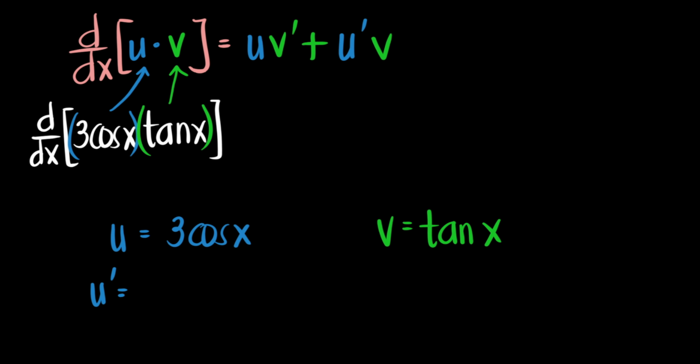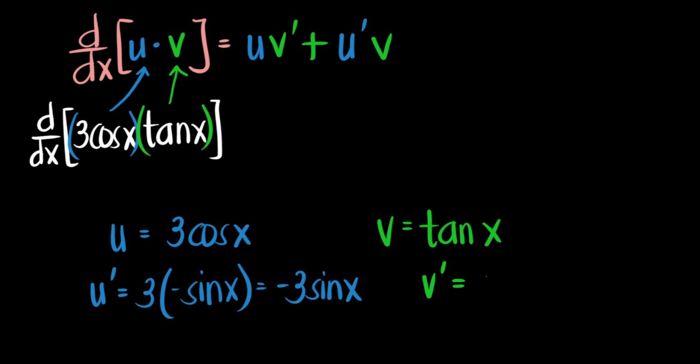U prime is equal to 3 times the derivative of cosine x, which is negative sine x. We get negative 3 sine x. For this one, the derivative of tangent x, v prime, is equal to secant squared x.